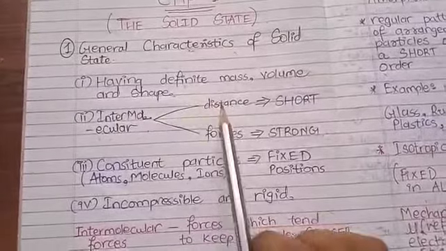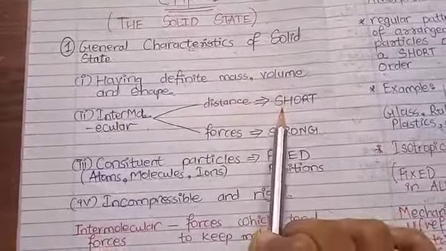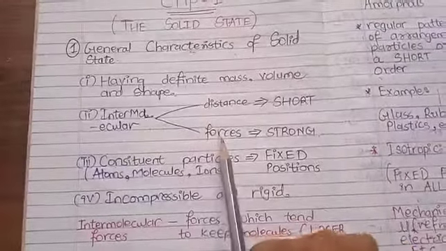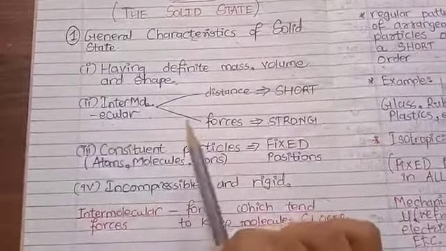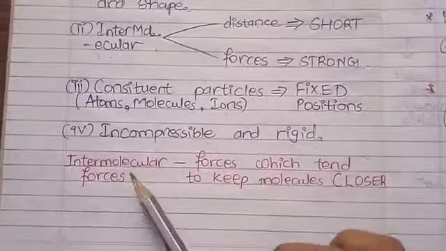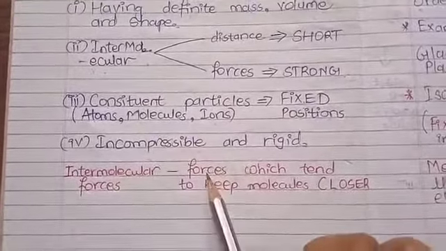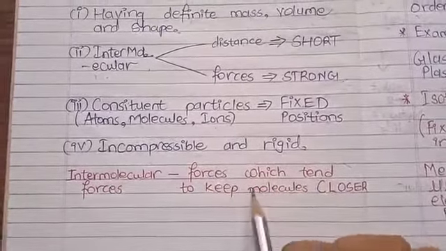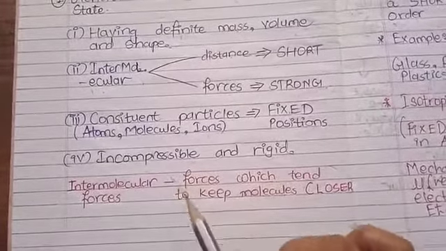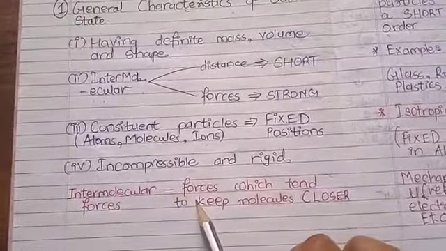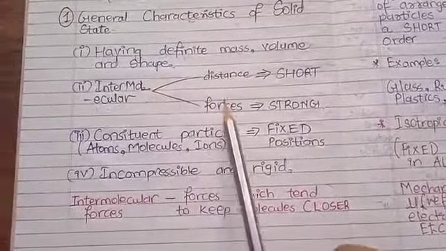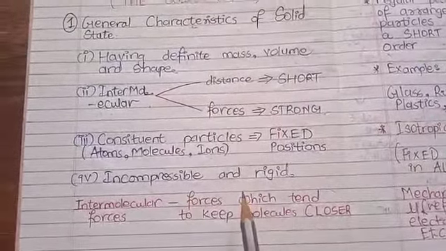The distance between the two molecules is going to be short. And intermolecular forces are those forces which tend to keep molecules closer, which means they can bind your molecules close to each other, and hence my intermolecular forces are going to be strong.